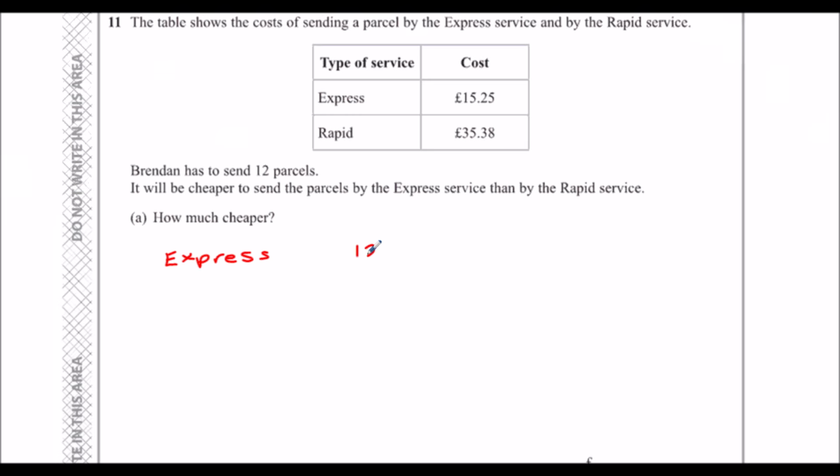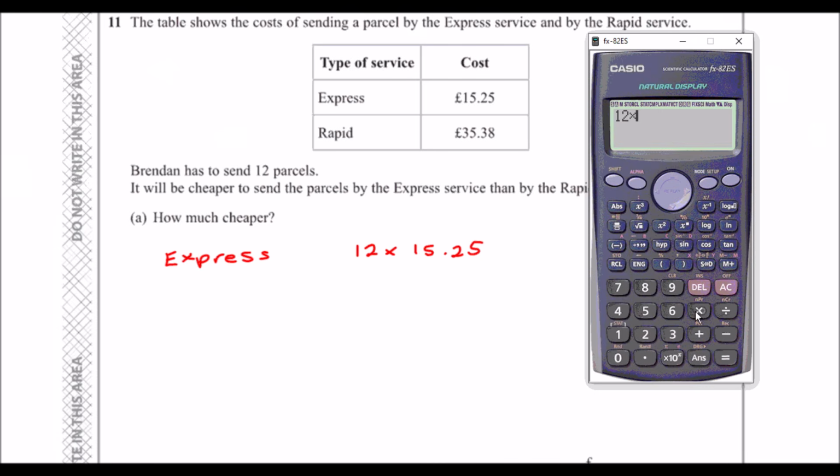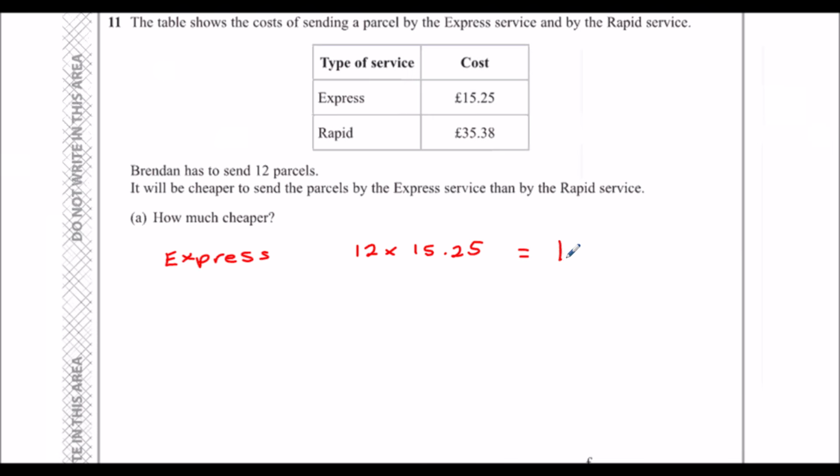it's going to be 12 times £15.25. 12 times £15.25 is £183.